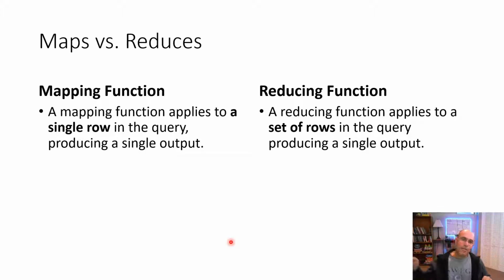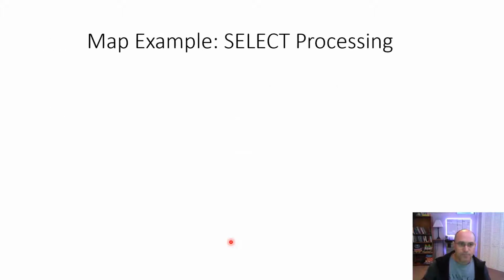And then as an output, you might give a count. You might say there's 7 employees in customer service. That's called a reducing function. So it's important to understand whether you're doing a mapping operation or a reducing operation. To this point, we have done nothing but mapping operations. So this is our opportunity in SQL Part 2 to introduce the reducing operations.